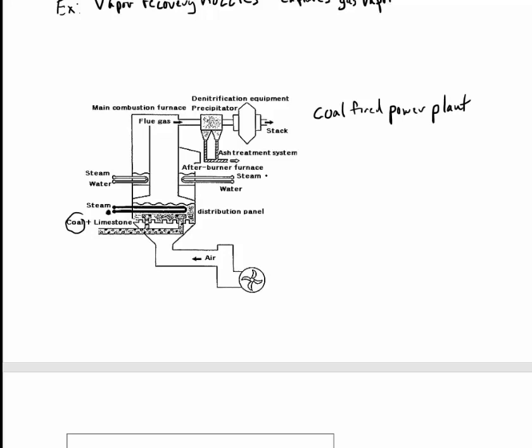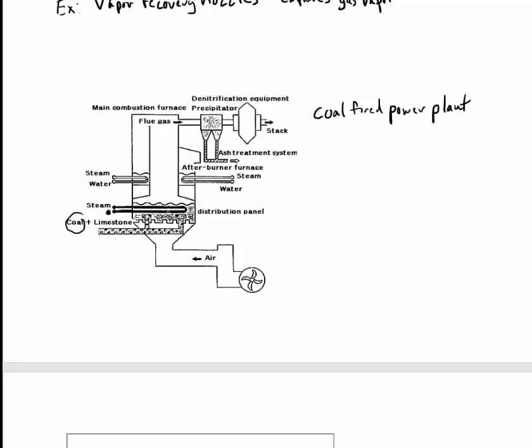So what they do is they mix the coal and the limestone, and limestone is calcium carbonate. This is used in a coal power plant.